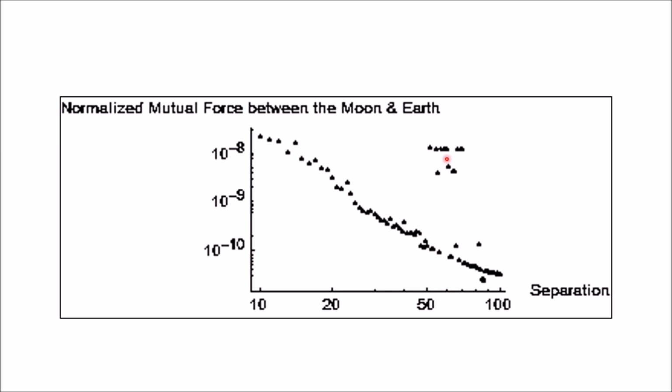What this says is that the mutual force between the Earth and the Moon in this particular area does have some fairly substantial variations throughout the orbit of the Moon around the Earth. Even though it doesn't orbit that way, this is the relative relationship of the Moon to the Earth during those times. So this scattering of points stays more or less constant regardless of how you carry out the calculations.